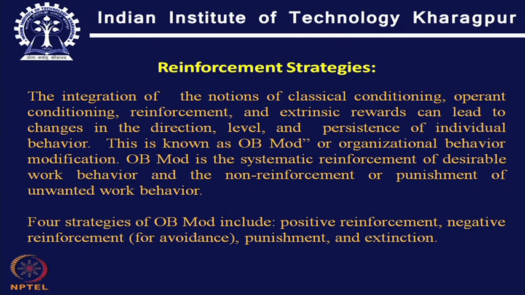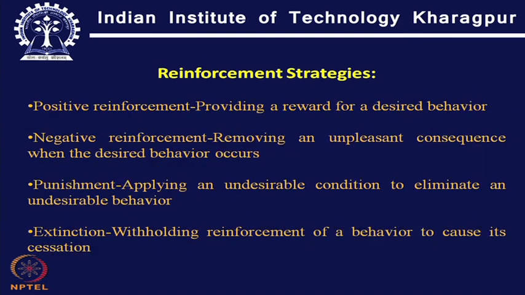It is the integration of classical conditioning, reinforcement and extrinsic rewards, which helps in changing the direction, level and persistence of individual behavior. The 4 strategies include positive reinforcement, negative reinforcement, punishment and extinction. So, positive reinforcement, negative reinforcement for avoidance of certain things, punishment and extinction, and we will try to see each of them separately.